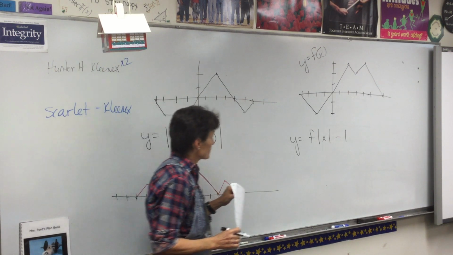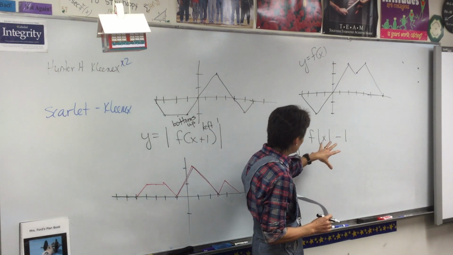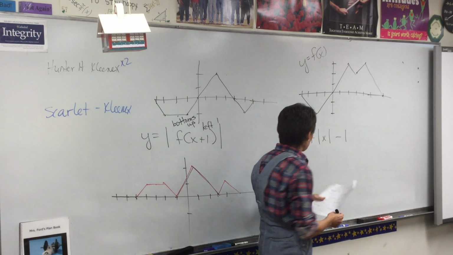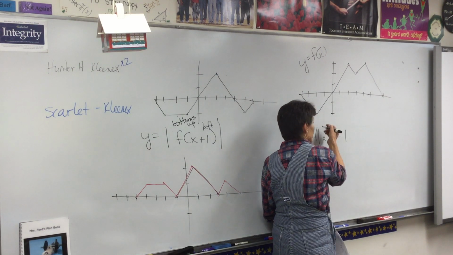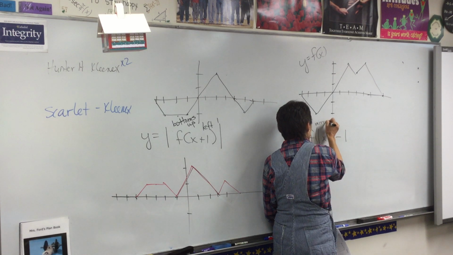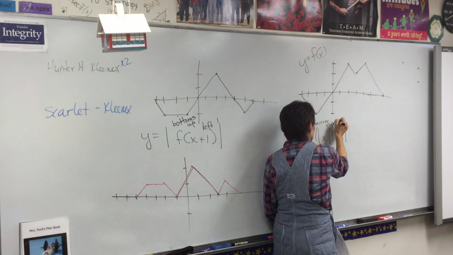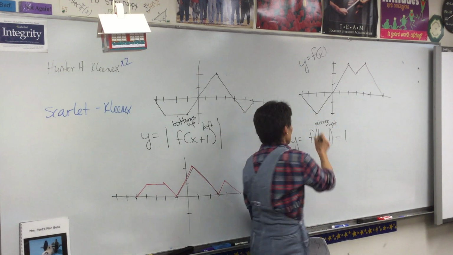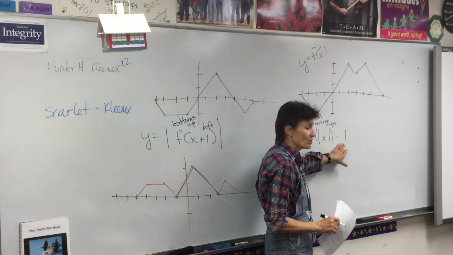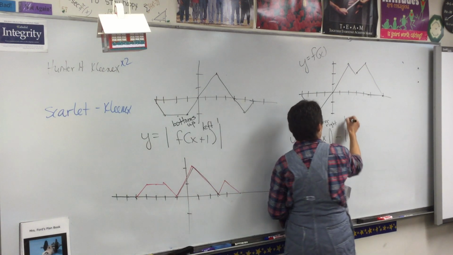Okay, so wait a second, what's happening here? What's this? This is where, I don't know how to say it, we mirror the right side, right? We lose the left and mirror the right. And then what does this do? Down 1.